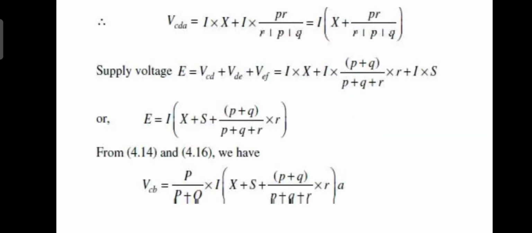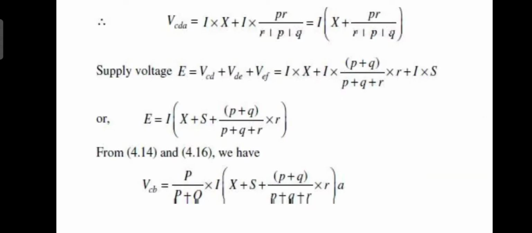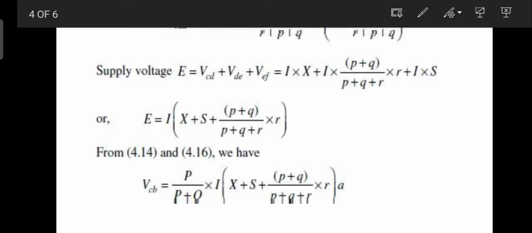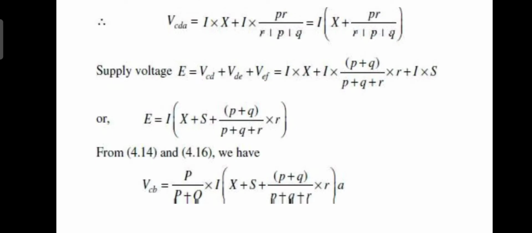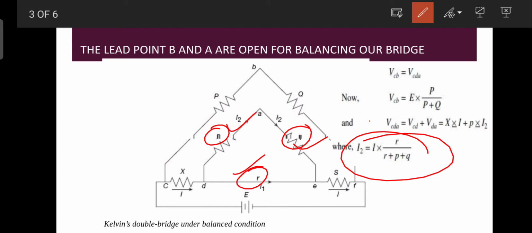Then here for CDA, by applying the value of resistance p, we will get I into X. Here the voltage across CDA is equal to voltage across CD plus voltage across DA.